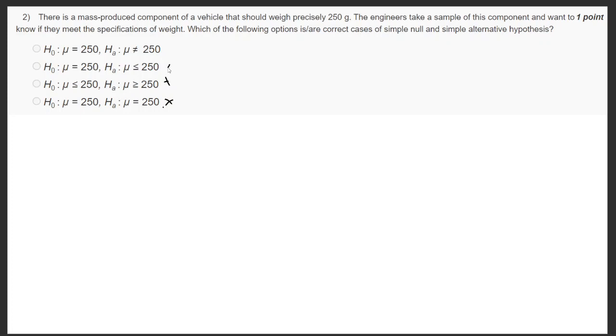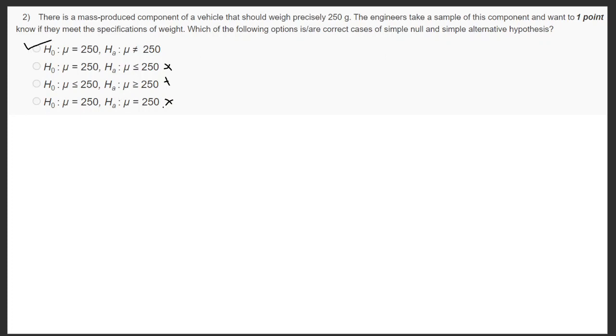Here also we have an inequality, so this also won't come into the picture. So the answer is mean value 250 and mean value not 250. The null hypothesis will set mu equal to 250. That's what is given, and the alternative will say mu might not be 250. It might be more than or less than that. That extra information is not provided. So this is the answer.